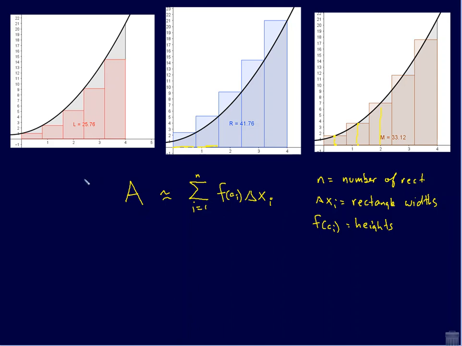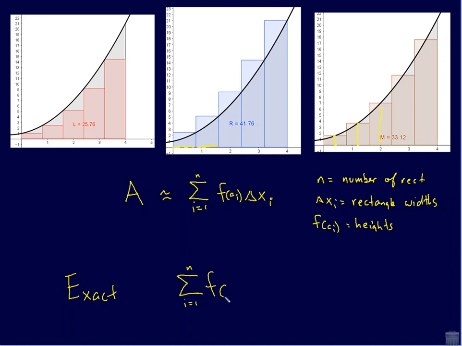Now the way we could improve this, see obviously when I only have 5 rectangles, there's lots of error in these left and right sums, would be to improve this by just increasing the number of rectangles. And so if I want to get the exact answer, the exact area, this is where we improve and improve and improve by adding rectangles together again.